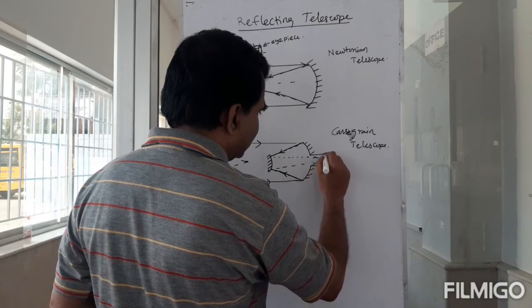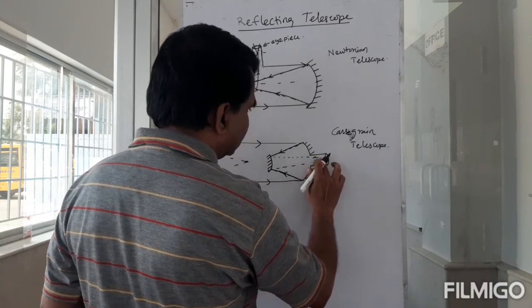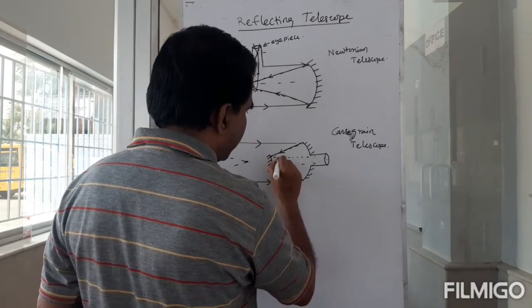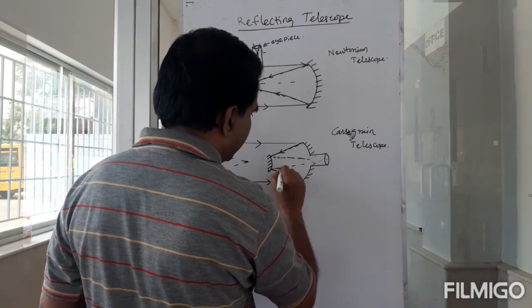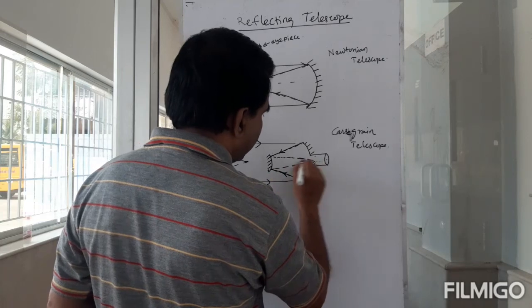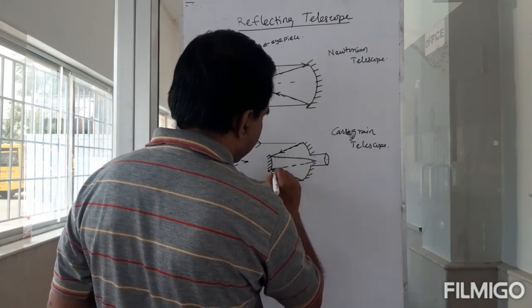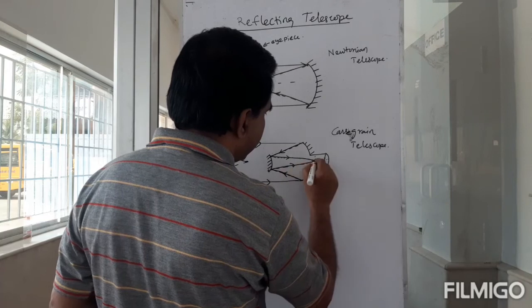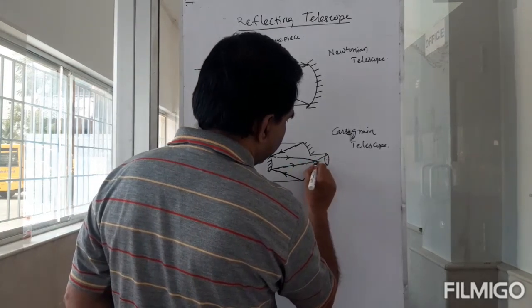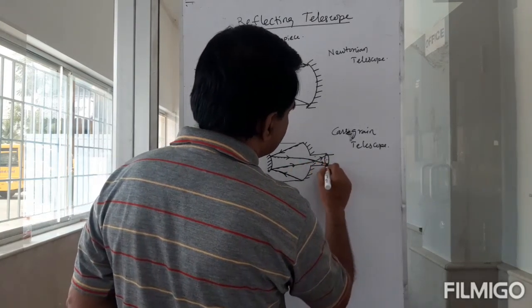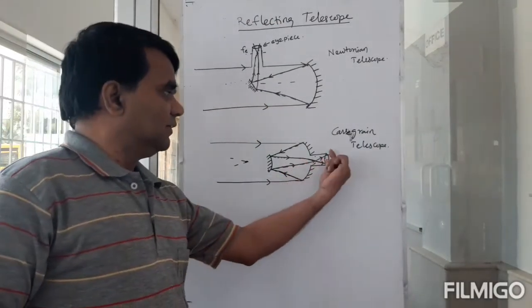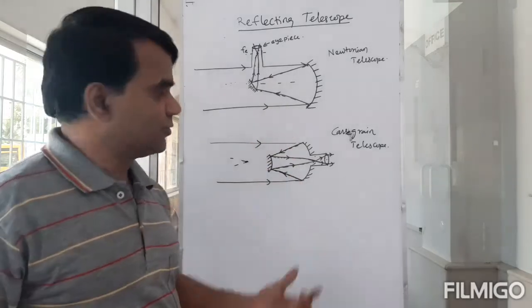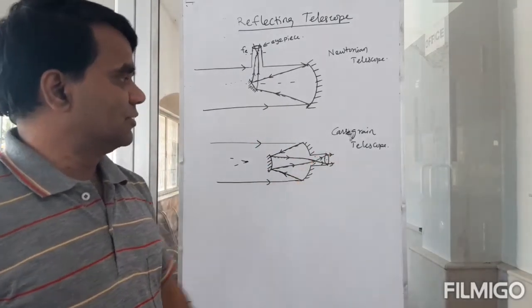You can have this lens, the eyepiece, and you must be able to see through this.